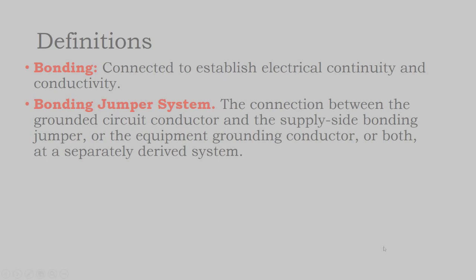So what the heck does that mean? It's wherever the neutral, the grounded conductor, at one point is connected to ground, and whether it connects to the equipment ground conductor for the entire system.